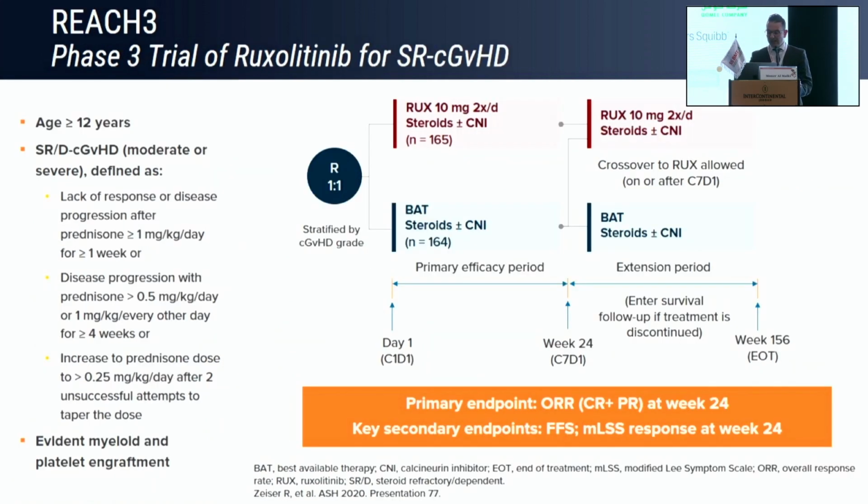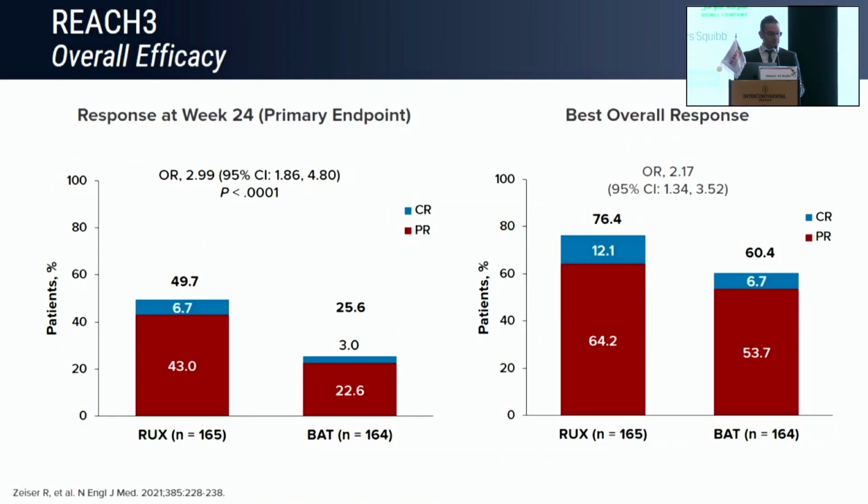REACH3 is a study of 330 patients with the strongest evidence for this drug. Patients were older than 12 years old and were randomized to either ruxolitinib 10 milligrams BID or best available therapy. Overall response was significant for ruxolitinib, around 50% compared to 25%.